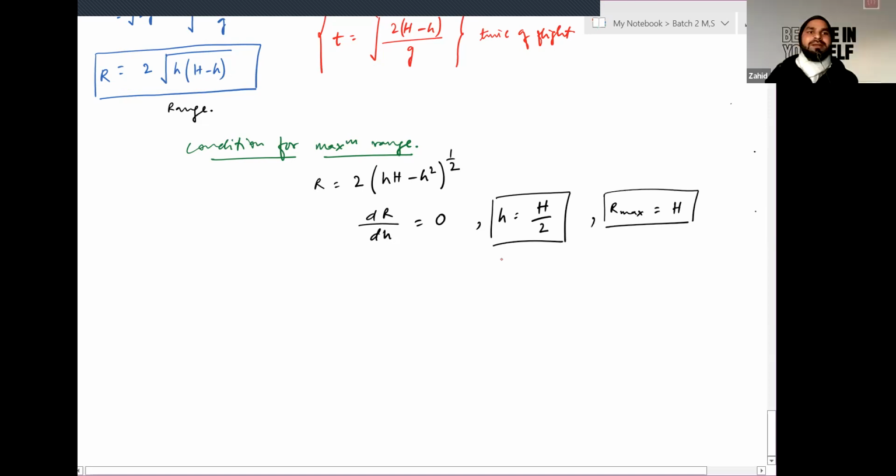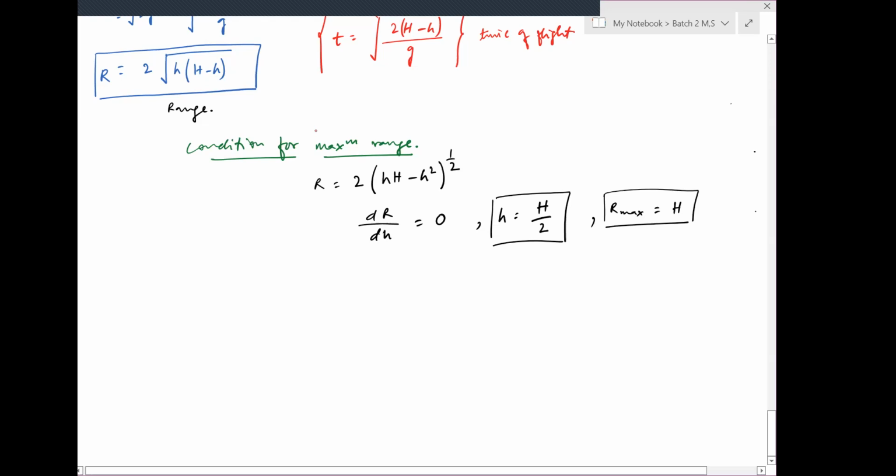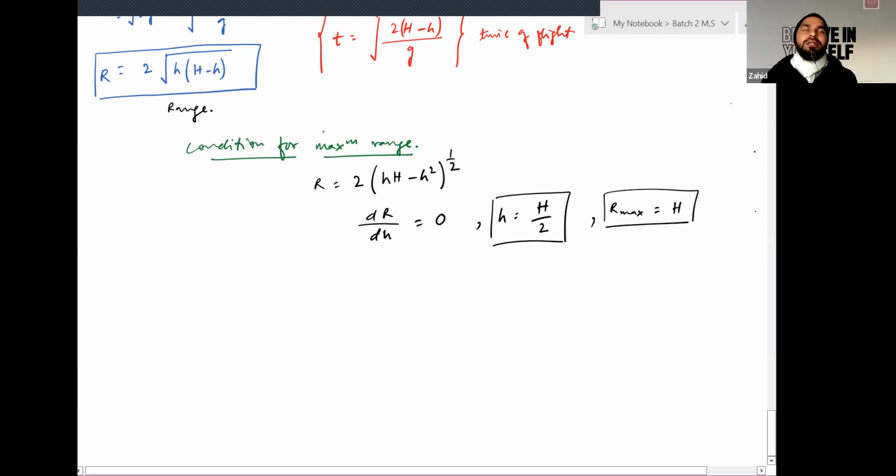Okay, this is an application of Bernoulli's principle. In Bernoulli's theorem and principle, we define some applications, like uplift of an aeroplane, Magnus effect, Torricelli's law, these things.